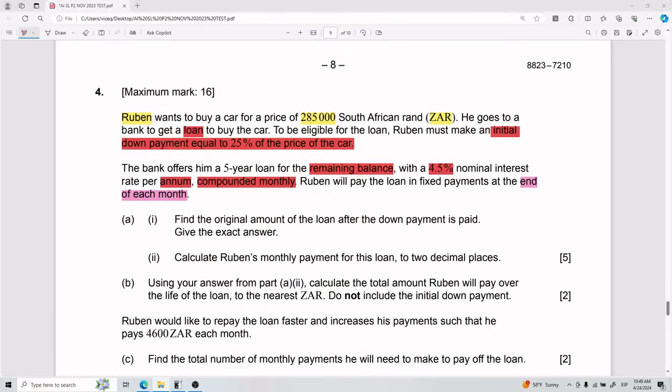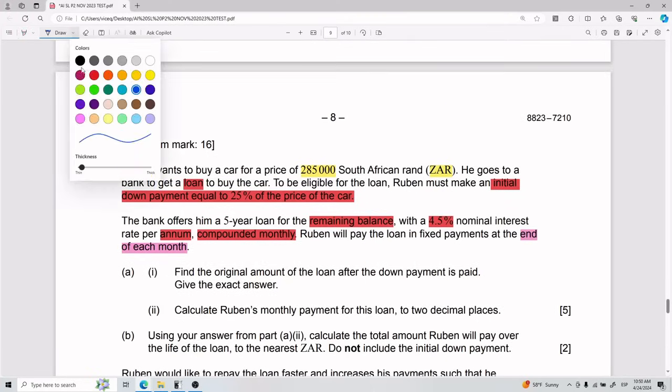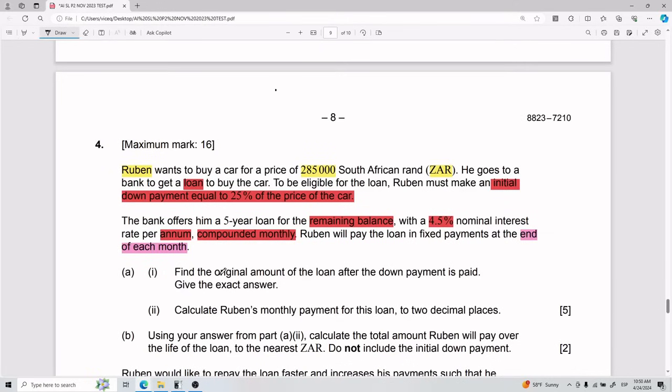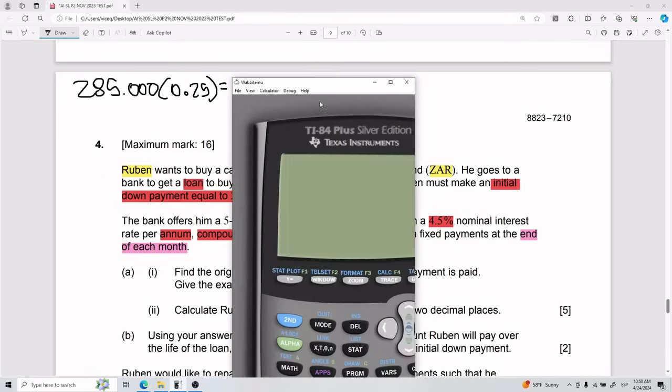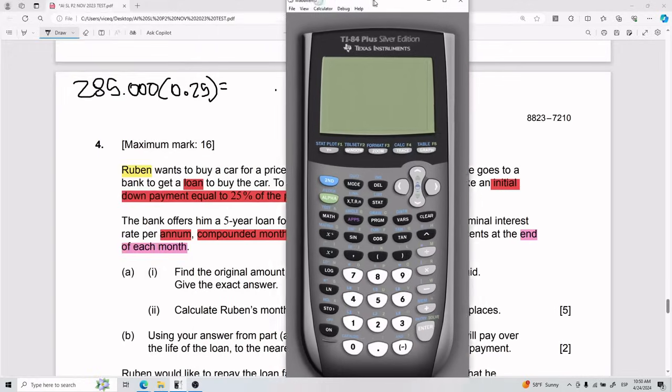There are definitely a couple of things going on here. For part A, part I, we don't need too much context. It's the original amount of the loan after the down payment is paid. So first we need to find the down payment. The down payment would be the 285,000 and 25% of it. So this times 25% is going to give you how much he needs to pay for the initial payment.